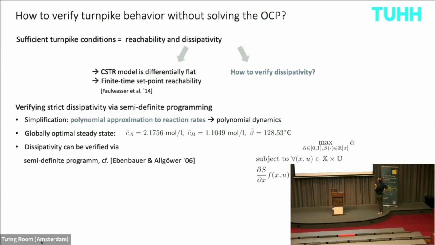I want to check for all x and u in my combined state and input constraints that the dissipation inequality holds. Here we have a specific structure for the class K function, but I have to find a description of the storage function S, and I look over the real-valued polynomials. And I can search in this polynomial space and phrase a convex optimization problem so that if I find a feasible solution, I have found a storage function.